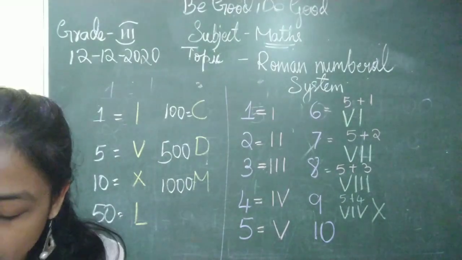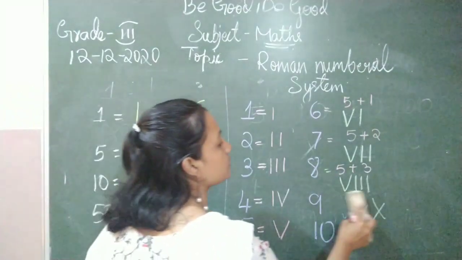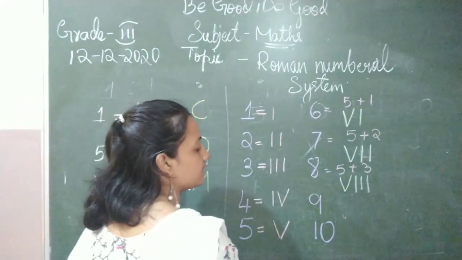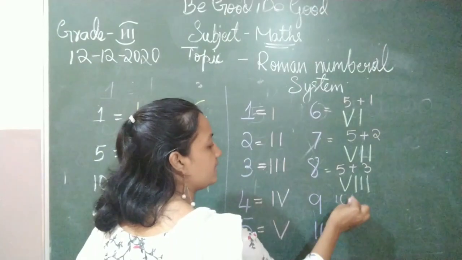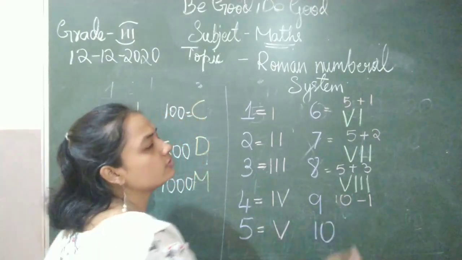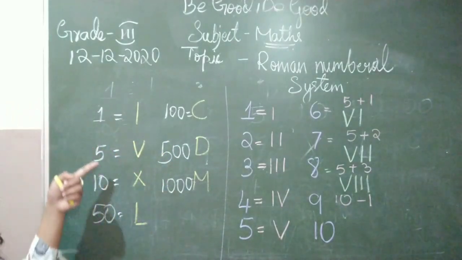So, what I'll do is, I will write 9 as 10 minus 1. So, what is the symbol for 10, children? See the symbol here?